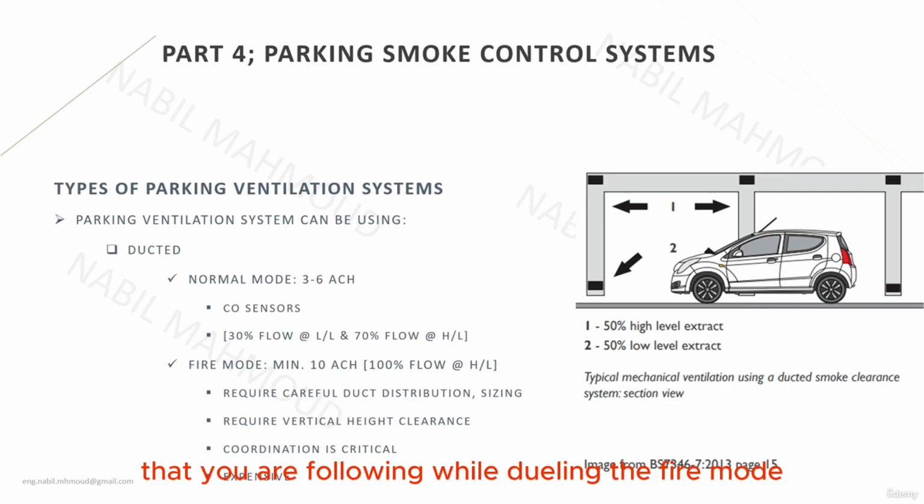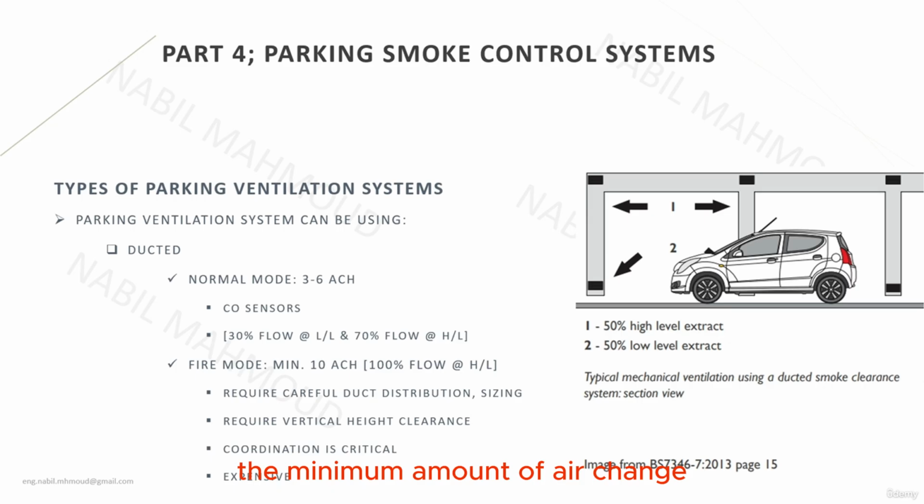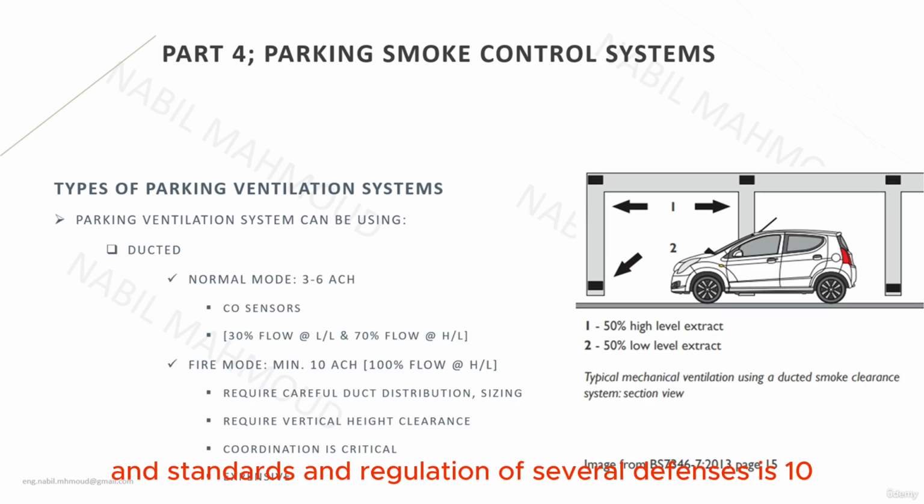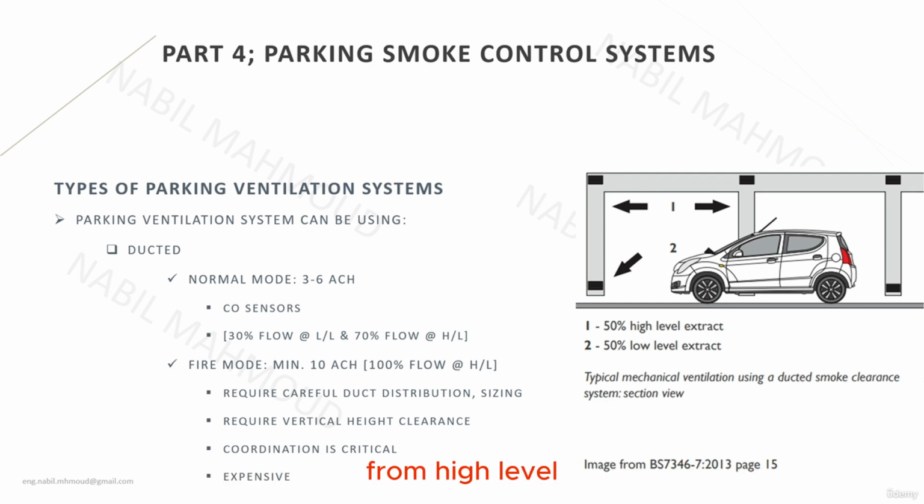While during the fire mode, the minimum air change allowed by the majority of local codes, standards and civil defense regulations is 10 air changes per hour, and 100% of the flow is to be extracted from high level. This also requires careful ducting distribution and careful duct sizing to accommodate the fan and the high flow rate run by the fan at high speed.